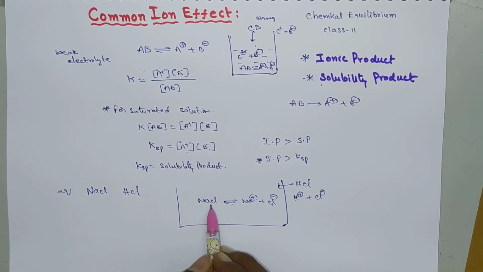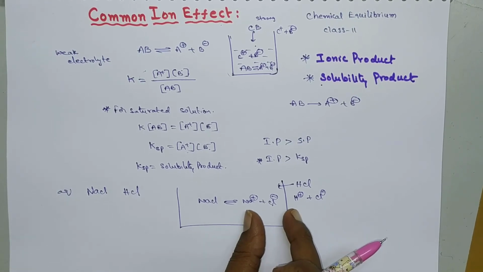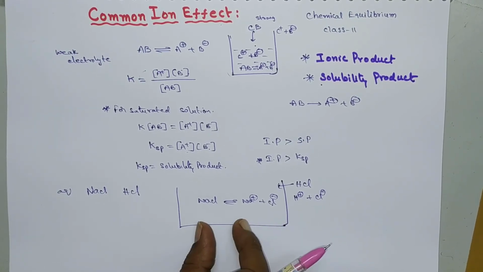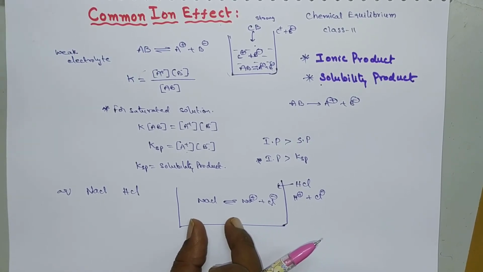That means only pure sodium chloride will be precipitated out. Due to the increase in ionic product, the ionic product is greater than the solubility product, so precipitation of sodium chloride takes place. Only pure sodium chloride will be precipitated out, whereas the remaining impurities like sulfates and carbonates will not be precipitated.